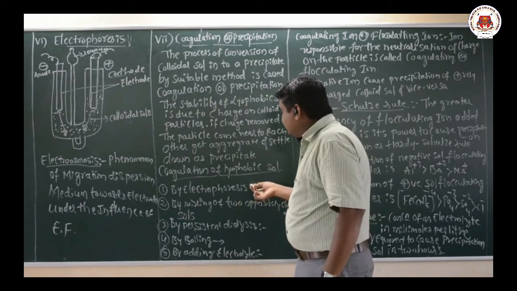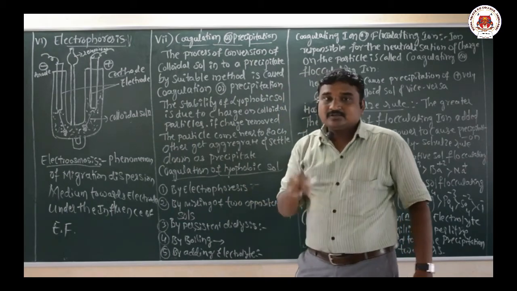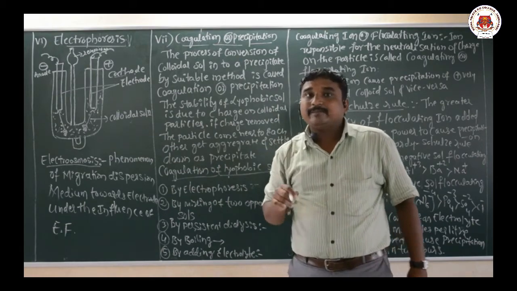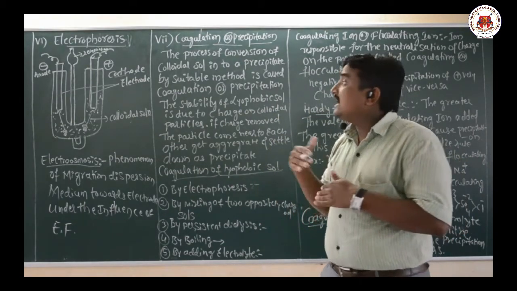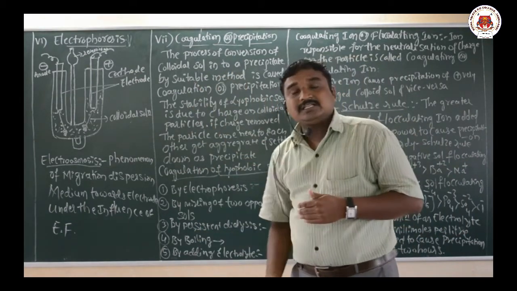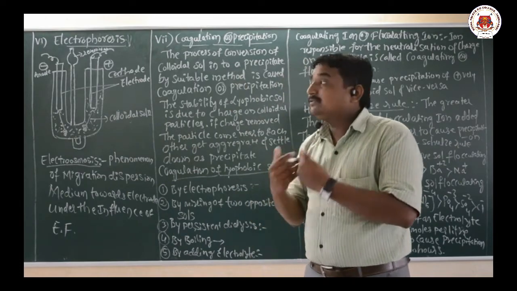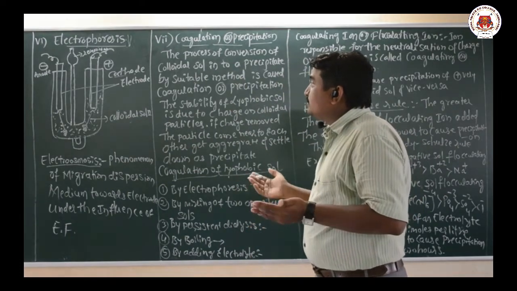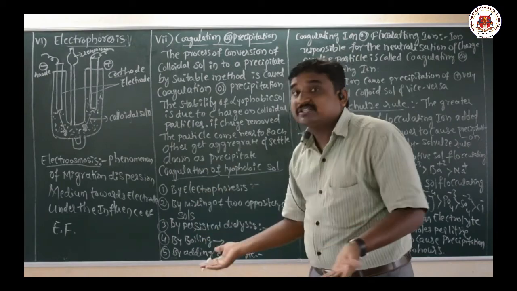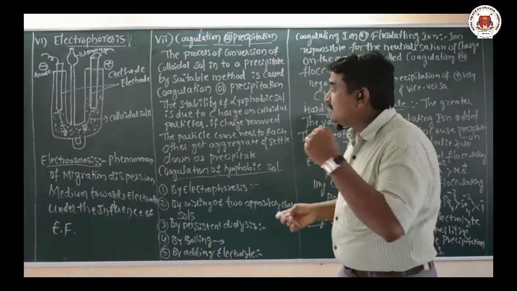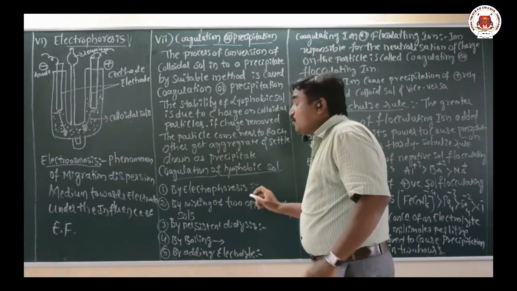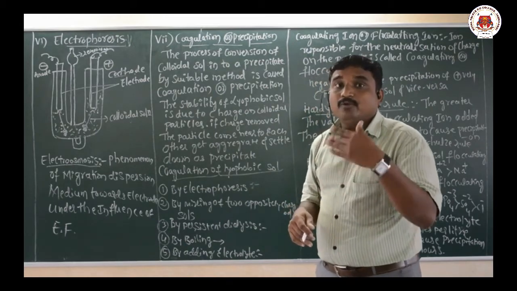So this is the first method, by electrophoresis, in which the ions migrate towards the oppositely charged electrode and get discharged on the electrode. That phenomenon leads to coagulation or settling of the colloid.